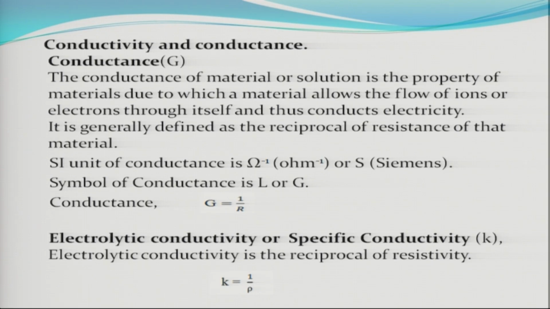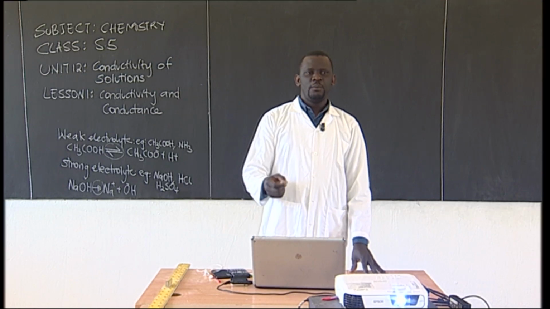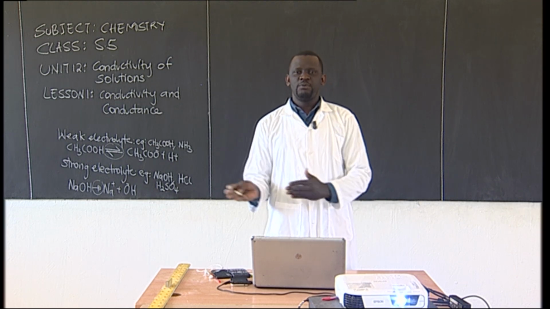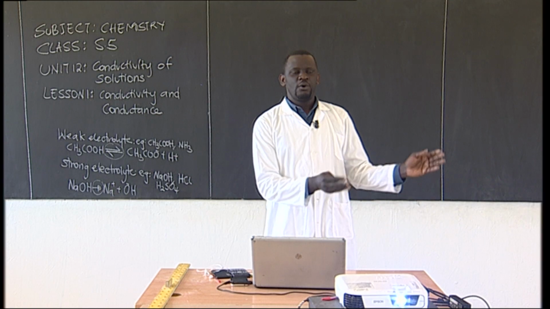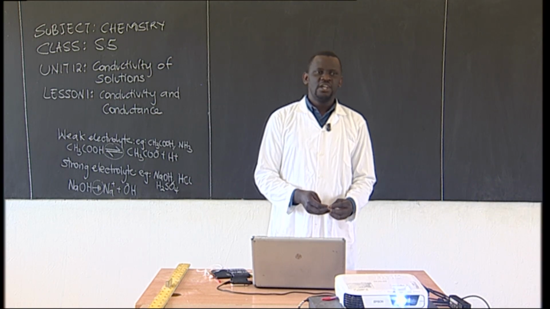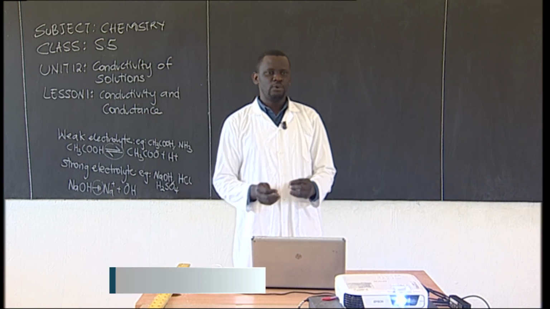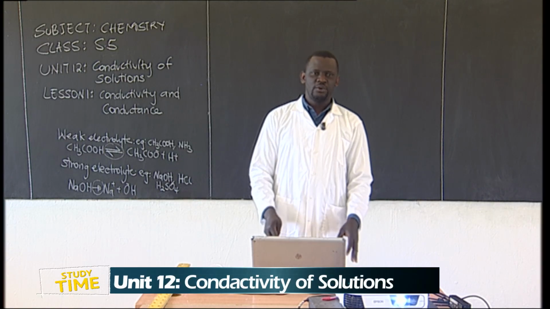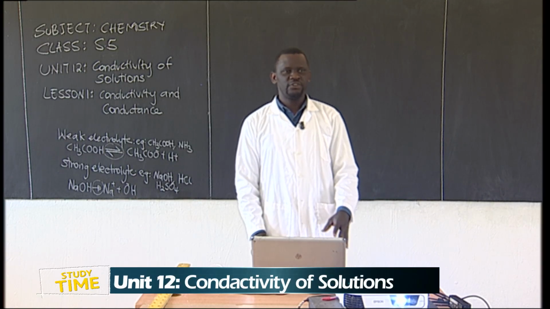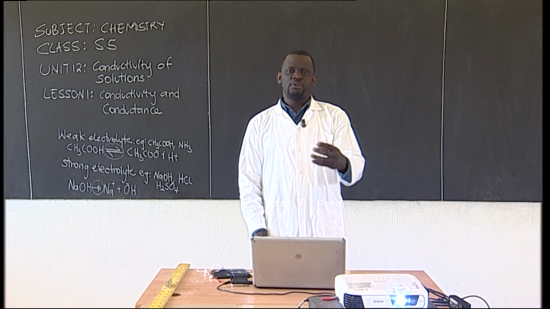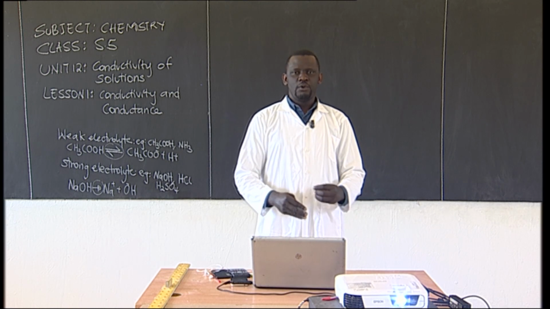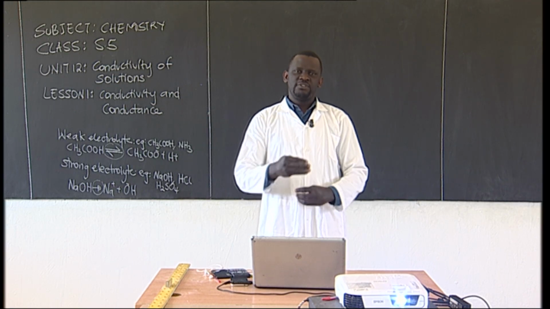Normally when electrons are moving this side, they give electric current on the opposite side. So as the electrons are moving, they will dispatch electric current. So there is a relationship. This conductance is a property of a solution to allow flow of electrons or to allow electricity to go through it.